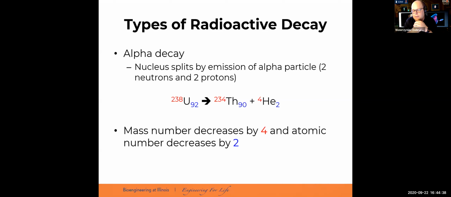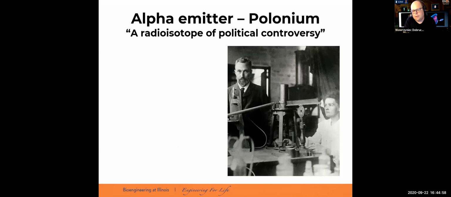Well, in fact, the problem is when it's ingested. If alpha emitters are ingested, they cause a lot of problems inside the body, because the organs are exposed and affected by the alpha particles. One of the isotopes used as an alpha emitter is polonium. I also call it the radioisotope of political controversy, and there's a story behind that.